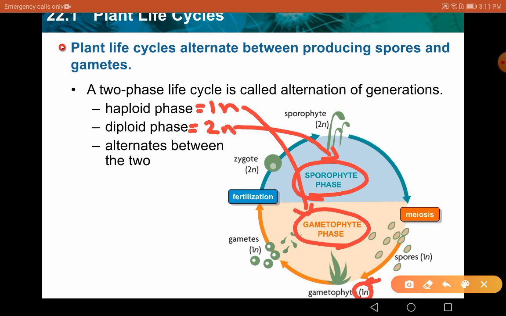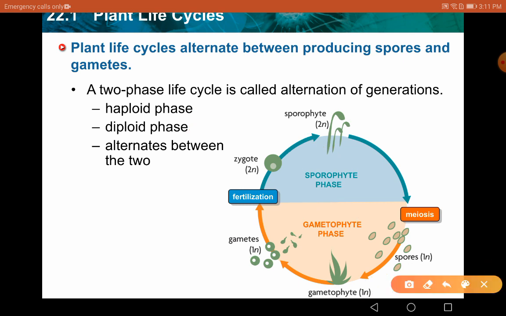If you look at this figure, you will find something very important. You must know this: in the sporophyte phase, how does it happen? Through mitosis. We can write mitosis here. Starting from producing spores here, it must happen through meiosis.